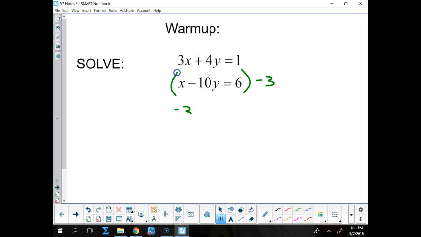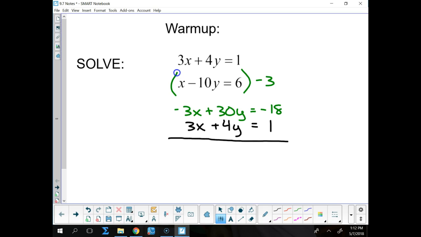That gives me -3x plus 30y equals -18. Then take the top equation and do nothing to it but rewrite it.